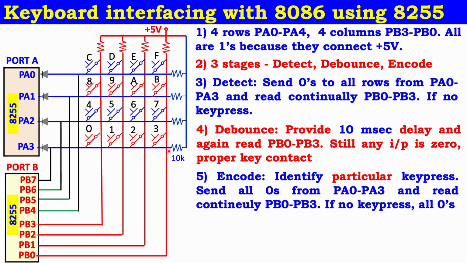If any key is pressed, suppose one key is pressed, then the connection of this one key, either in the column or in the row, will become zeros. So the particular key pressed is identified.